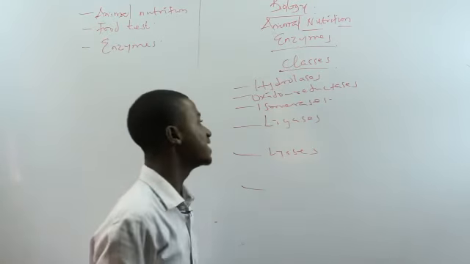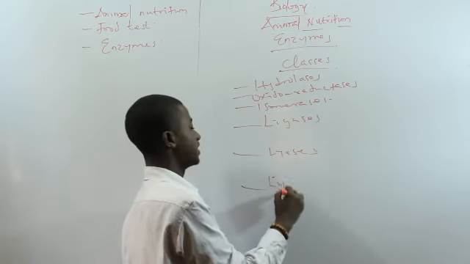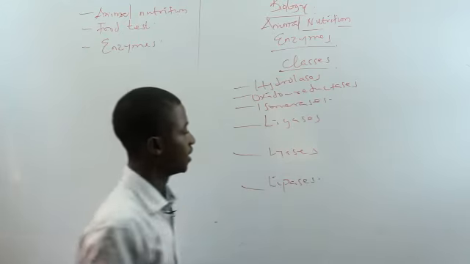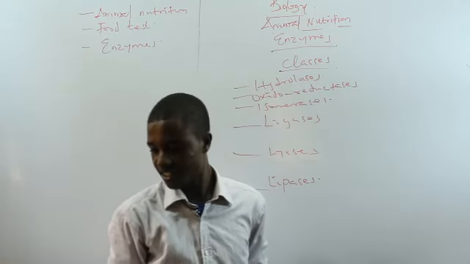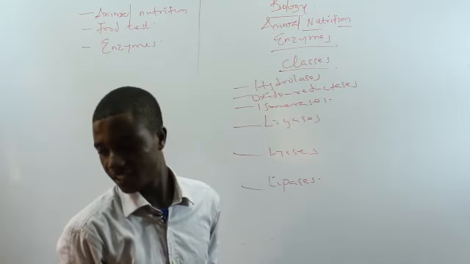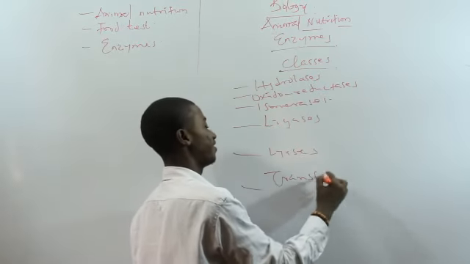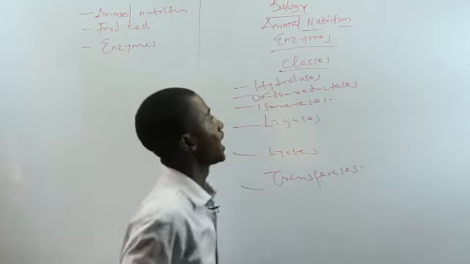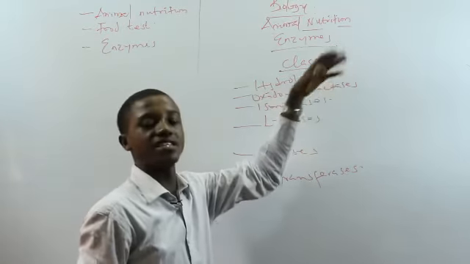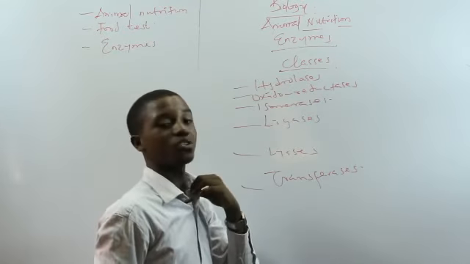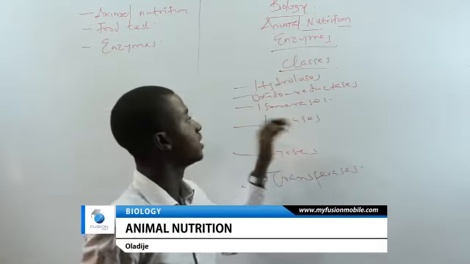Hydrolysis, oxidoreductases, isomerases, ligases, lyases, and the last one is transferases. Classes of enzymes. Hydrolysis are enzymes that help in carrying out reactions that have to do with hydrolysis. Any reaction that has to do with water, basically, we call it hydrolysis.